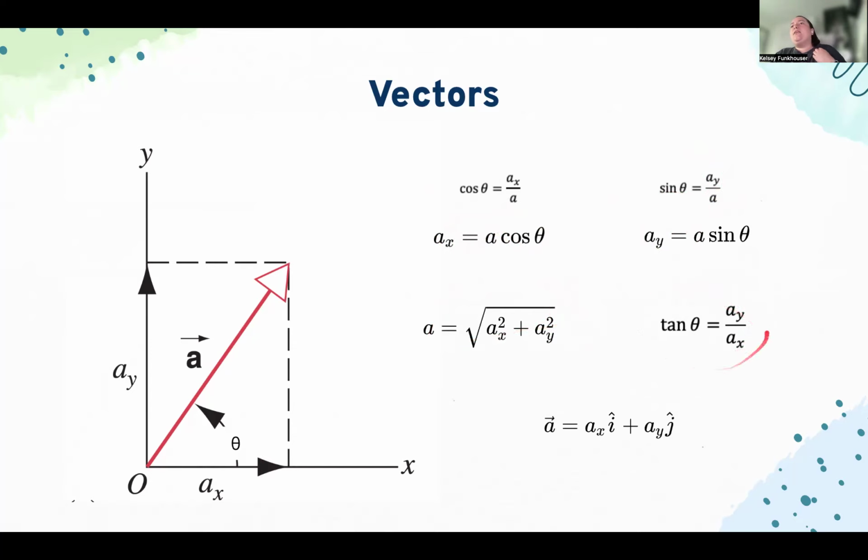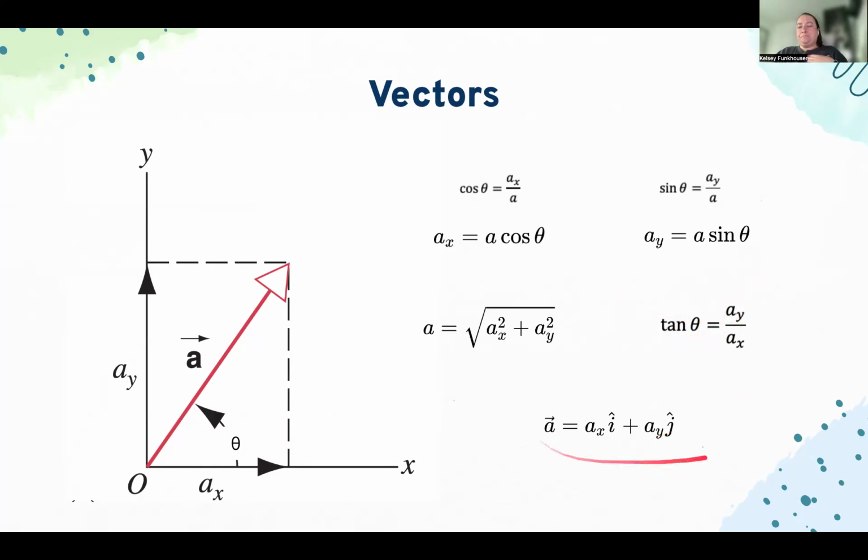And we can also relate these sides by tangent of the angle between them. So for example, if we had the x and y components, but we didn't have the angle, we could use this equation to find the angle. And you take inverse tangent, that leaves us the angle equals inverse tangent of this fraction.